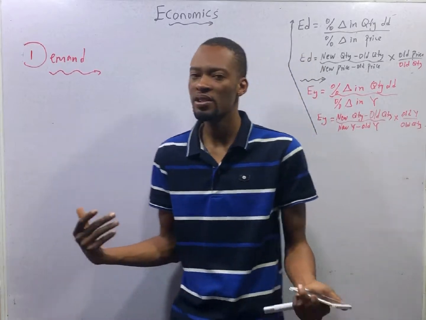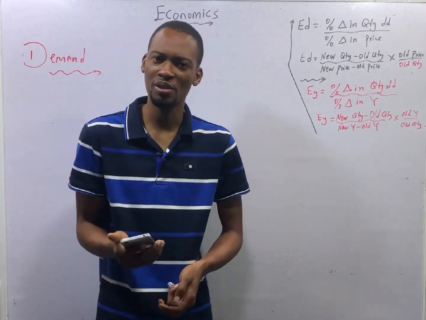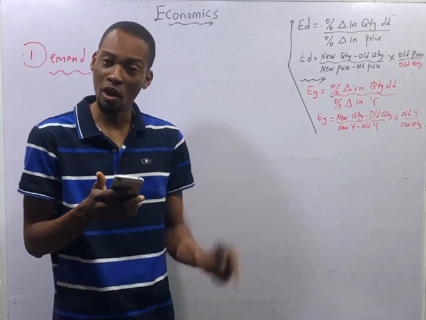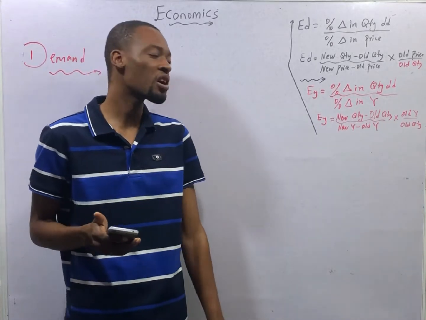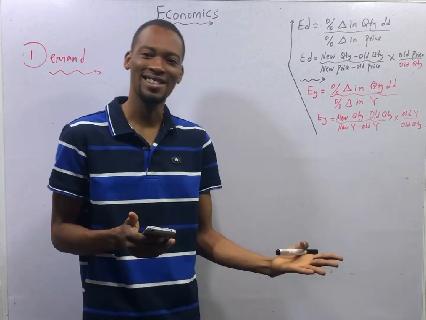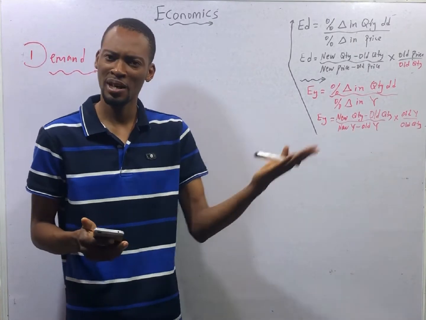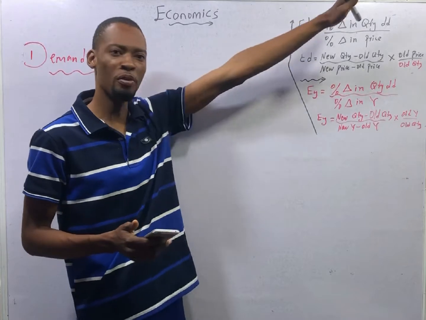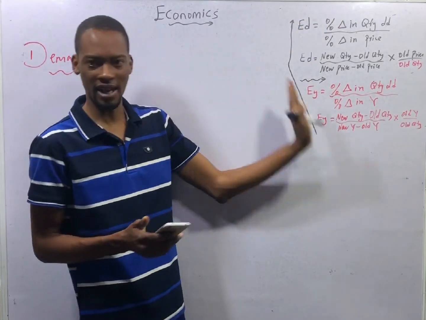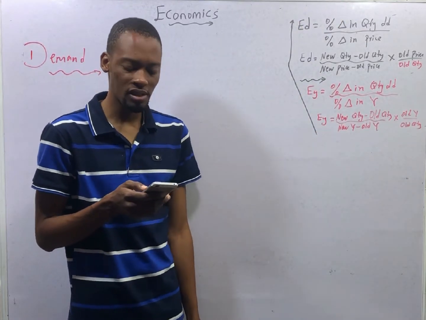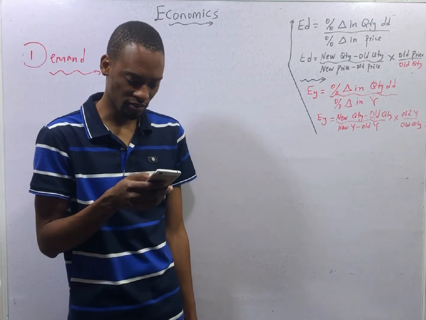Which means for these luxury items, for these ostentatious goods, as price drops, the demand will drop. And as price increases, the demand will increase. So all these follow the abnormal demand curve, which slopes upward from left to right. Option B is the correct option.